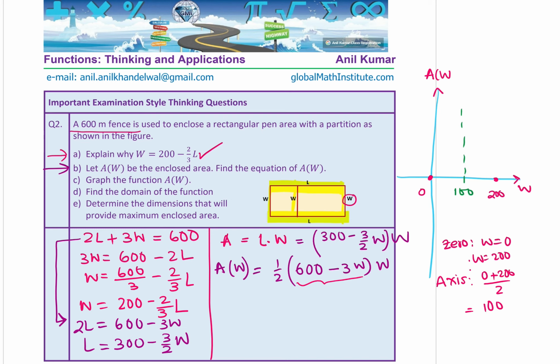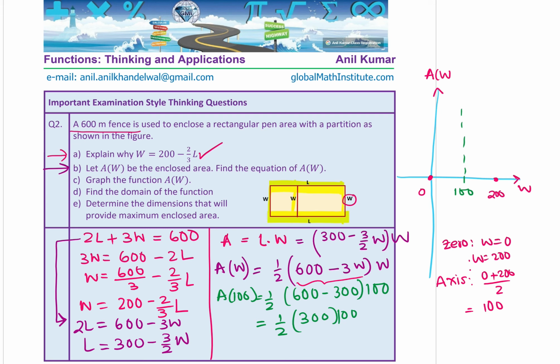So we can substitute 100. We get A(100) equals half of (600 minus 300), correct? We substitute 100 for width. So that gives us the value. This is half of 600 minus 300, which is 300, times 100, correct?